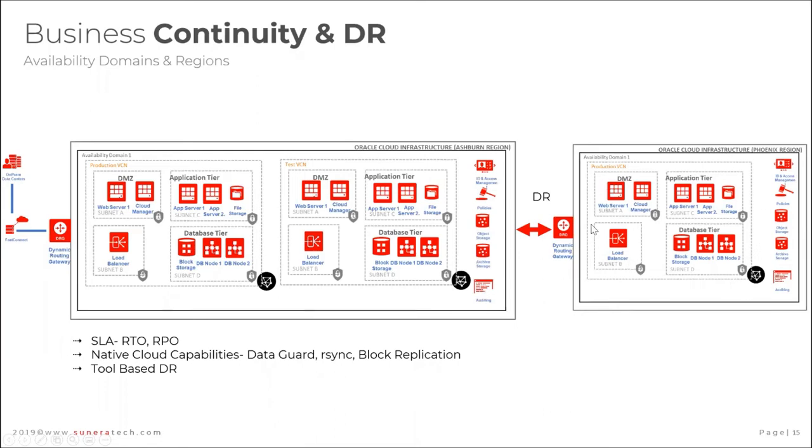The DR from here to here could depend on whether you want to use a tool or whether you want to use native Oracle Data Guard capabilities or something as simple as rsync. Your solution will be driven by your recovery time objective and your recovery point objective. Like I said, the more aggressive your RTO and RPO, the more likely you'll have to use a tool-based solution.